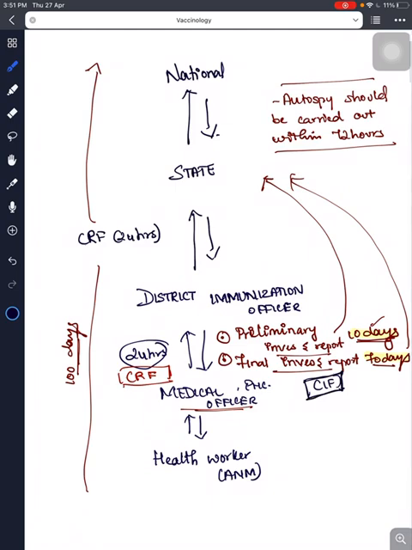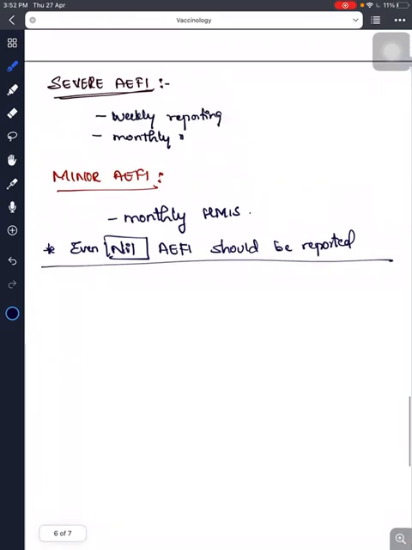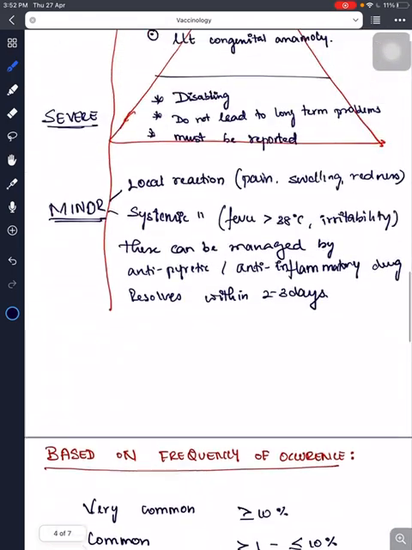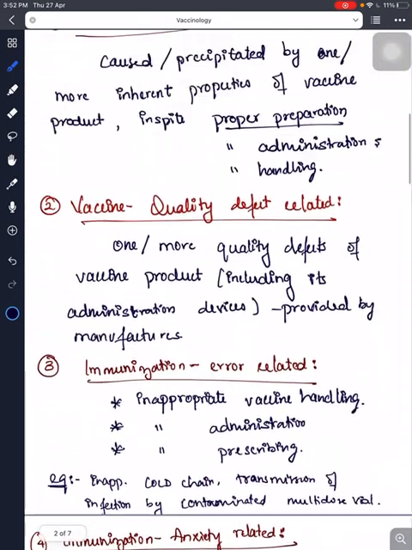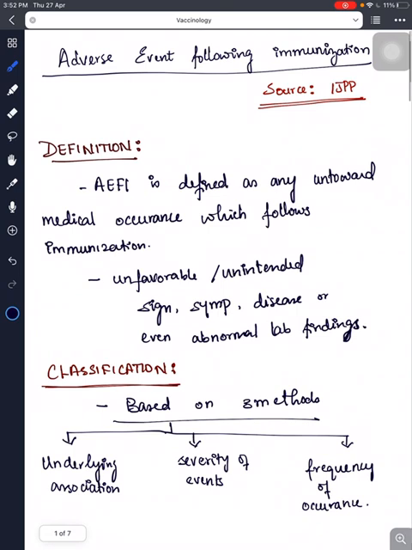That CIF form is nothing but the case investigation form. The preliminary and the final investigation reports will be submitted in CIF format. Okay, this is submitted in CRF. So this is about the AEFI. Okay.